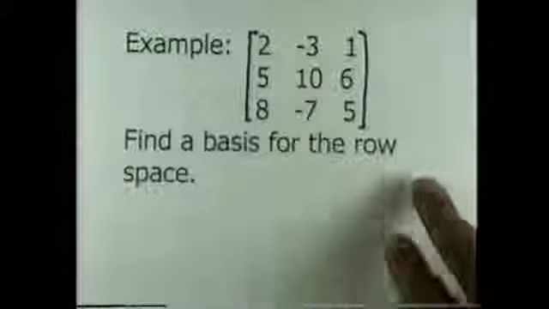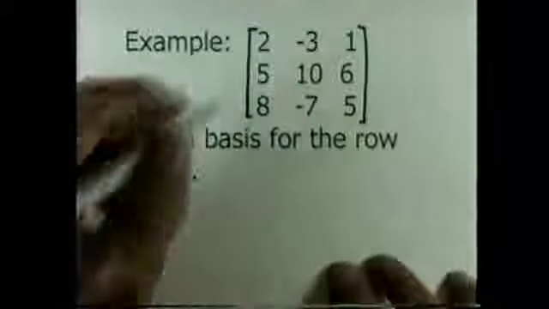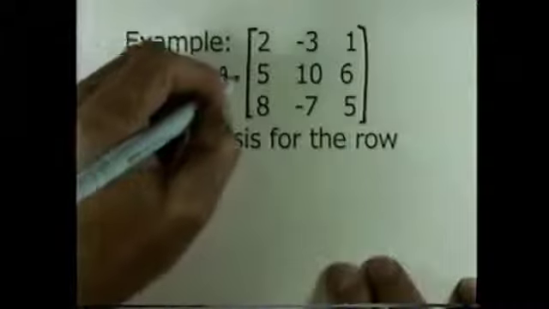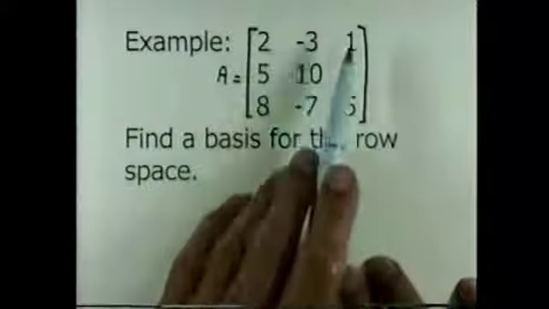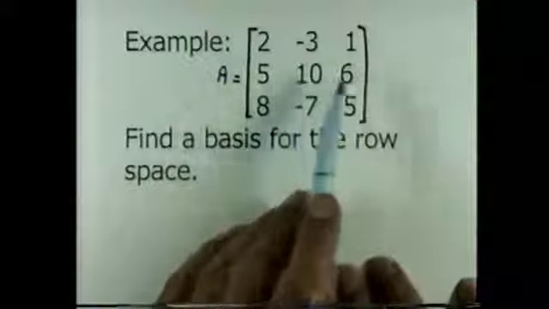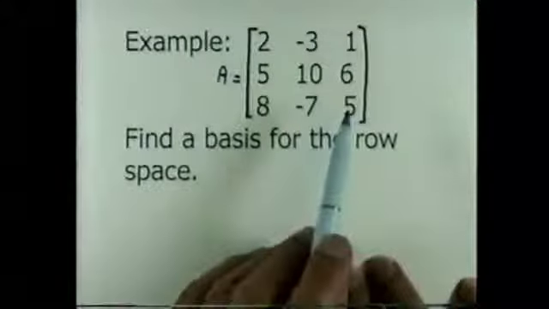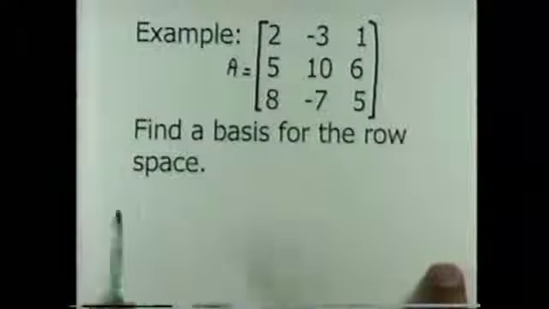Now we're ready for the example. We're given matrix A, which is equal to the matrix with rows (2, -3, 1), (5, 10, 6), (8, -7, 5). Find the basis for the row space.